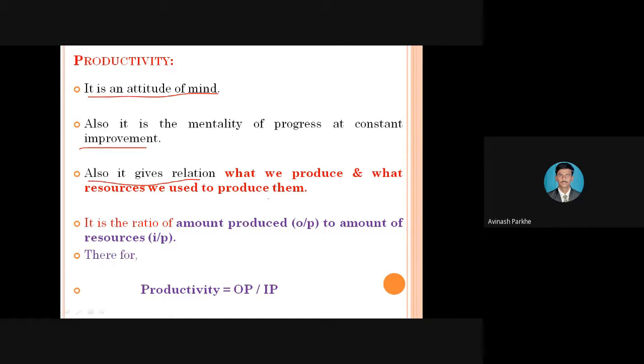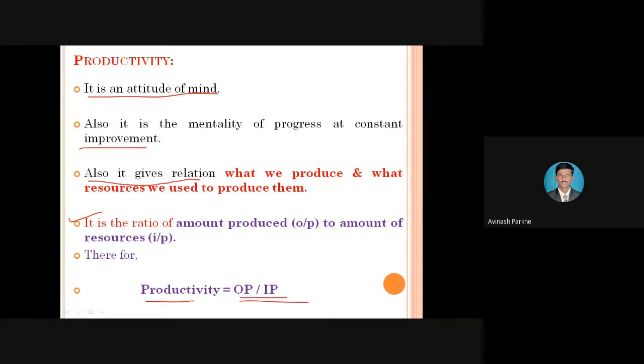That means your input and your output. These two parameters play a very important role in measuring the productivity of that particular industry or organization. Therefore, it is the ratio of the amount produced, that is output, to the amount of resources, that is input. That means productivity is defined as the ratio of output upon input.